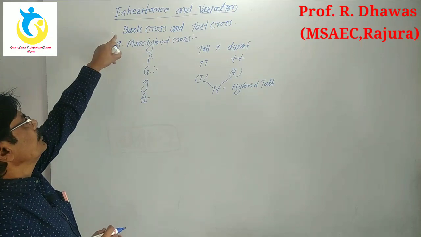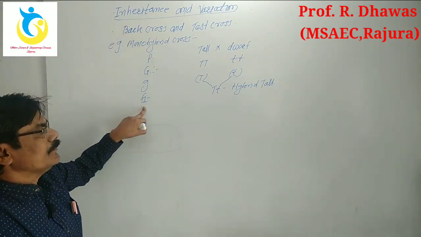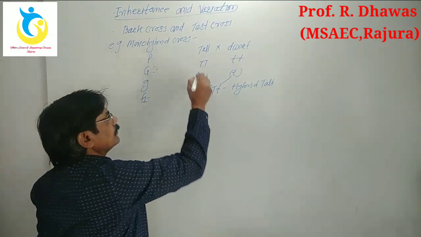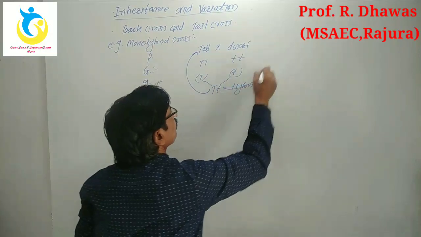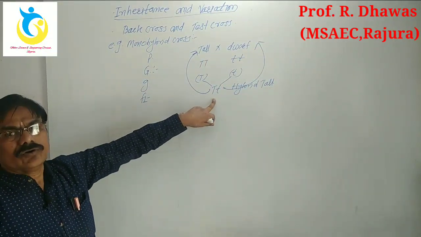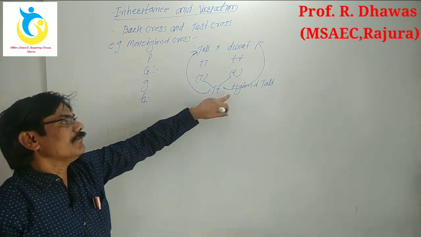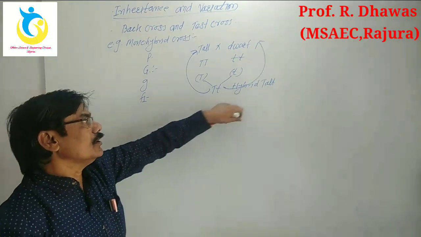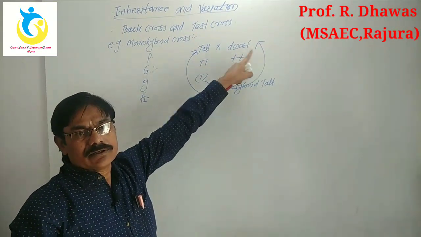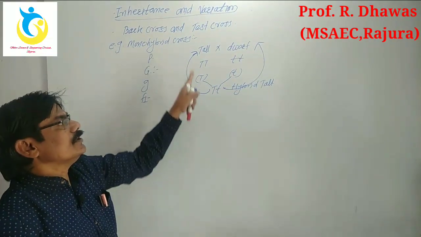Now here we see the backcross. Backcross means the cross between the F1 hybrid and either the tall or the dwarf character. आपको इस F1 को मतलब कैपिटल T स्मॉल t को हेटेरोजाइगस कंडीशन वाले F1 जनरेशन को, that is called hybrid tall, या तो टॉल प्लांट के साथ या तो ड्वार्फ प्लांट के साथ क्रॉस करा के F2 प्रोजेनी को जन्म देना है. इसको बोलते हैं अपन बैक क्रॉस.